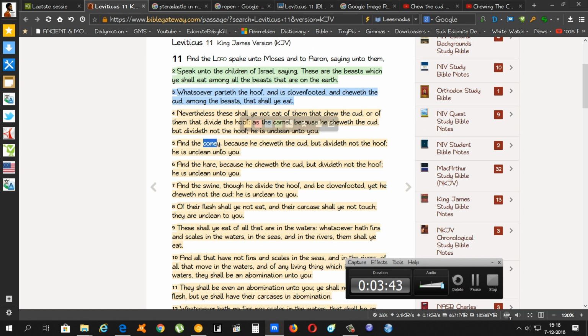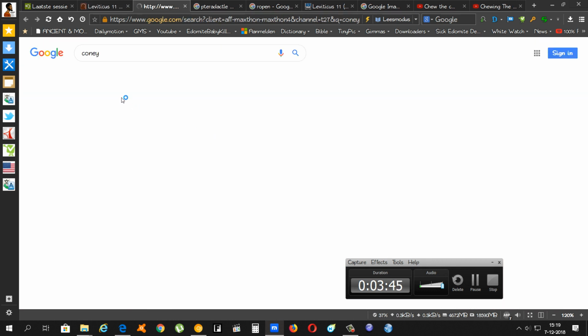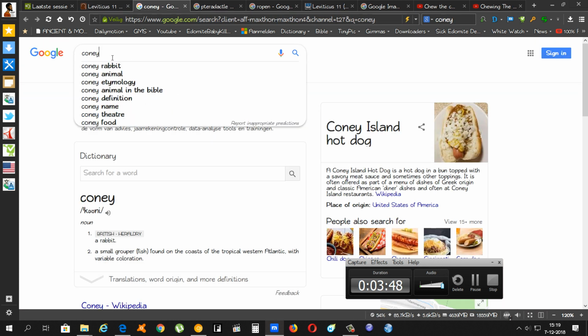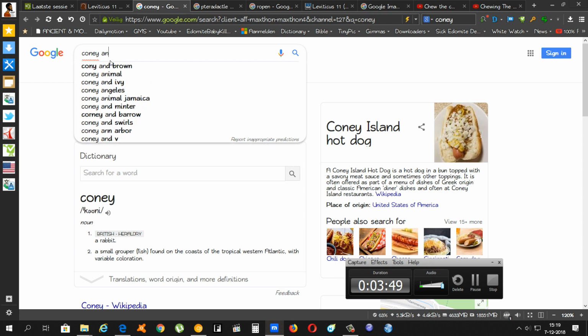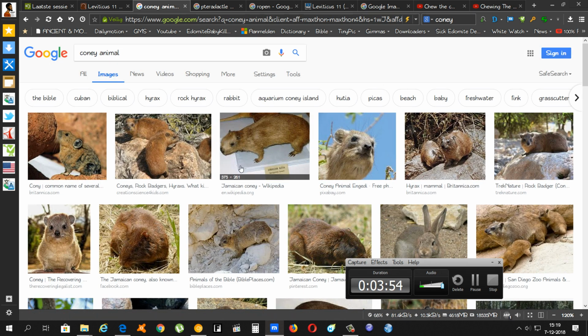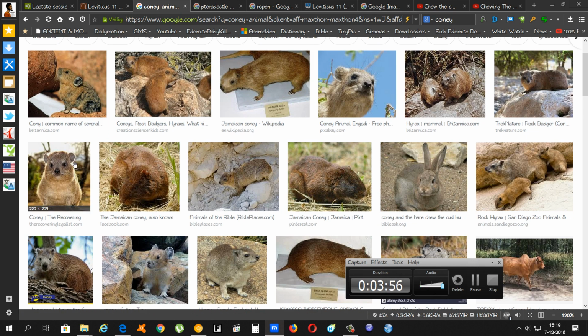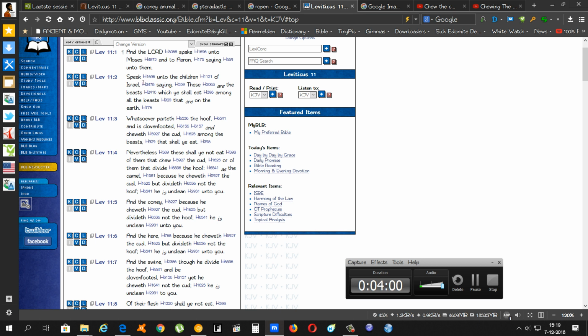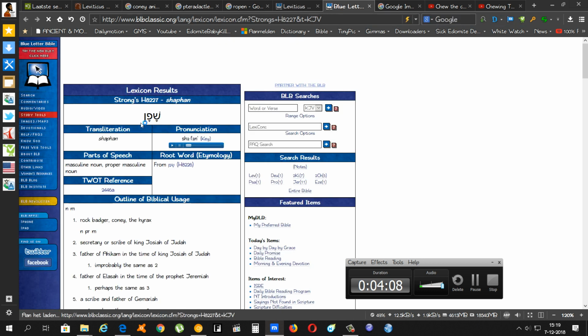And the coney, which is this. It says rabbit there, but this is the coney. And if you want to be sure, then you go to here, which is the Blue Letter Bible. And then you click on Hebrew 82:27. And then it would say on Shapan, it says rock badger, coney.